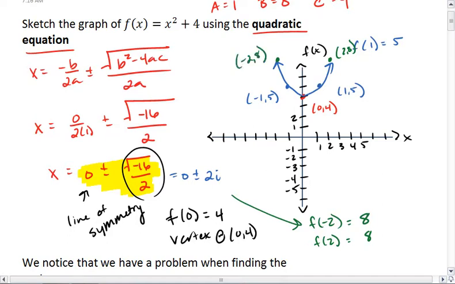Well, what I see is that if I were to reflect my parabola over this red dotted line that I just drew, this reflection would indeed cross the x-axis 2 units to the right and 2 units to the left of my line of symmetry.